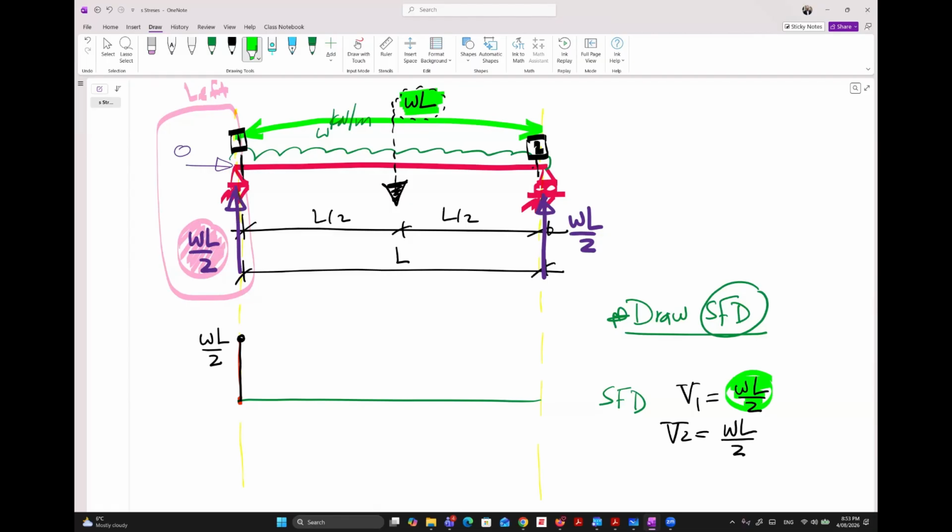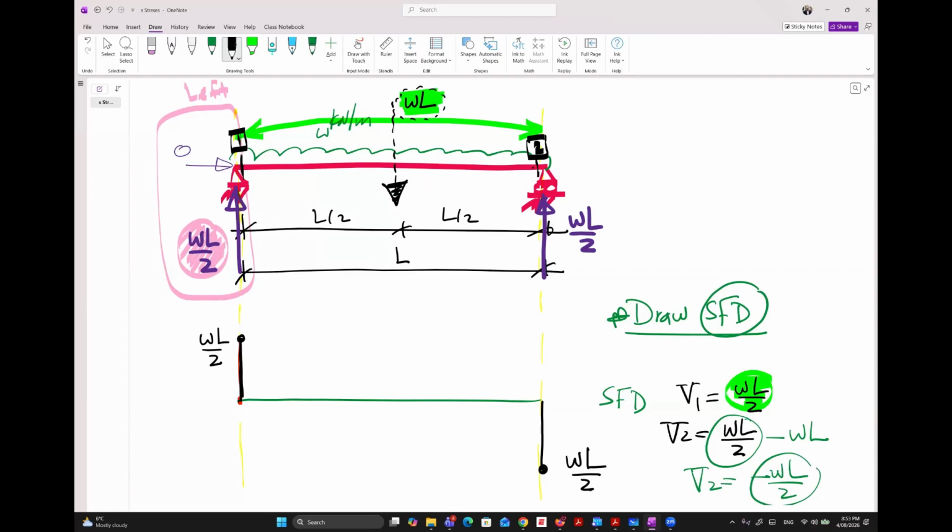Yes. Between 1 and 2, we drop down WL. So actually the shear at 2 will be WL over 2 minus WL. So V at 2 will be negative WL over 2. So actually the shear at the other end will be the same value but going down, WL over 2.